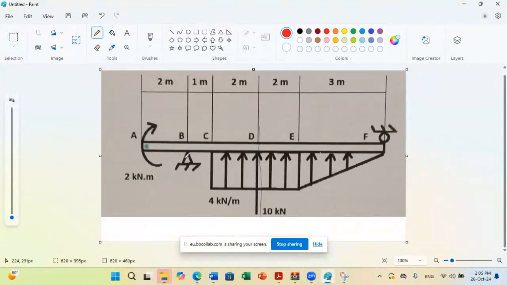So here we have, this is the symbol of a pin. So we have two possible reactions, Bx and By. So I have here Bx and By.